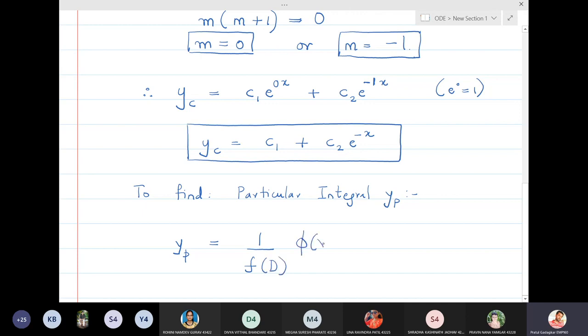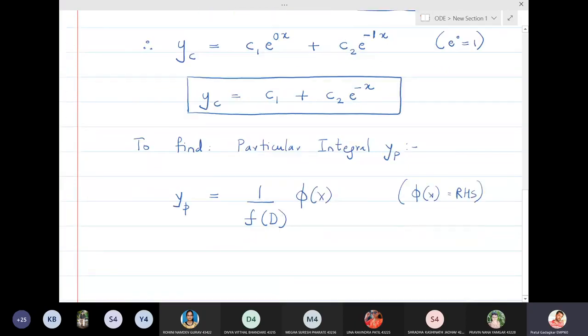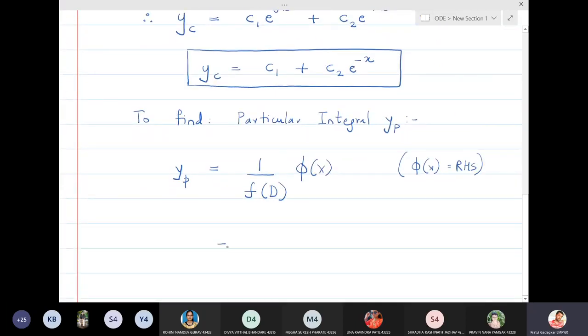What is phi of x? Phi of x is the RHS. So this is 1/f(D), where f(D) was D² + D, and phi of x is 1/(1 + e^x).